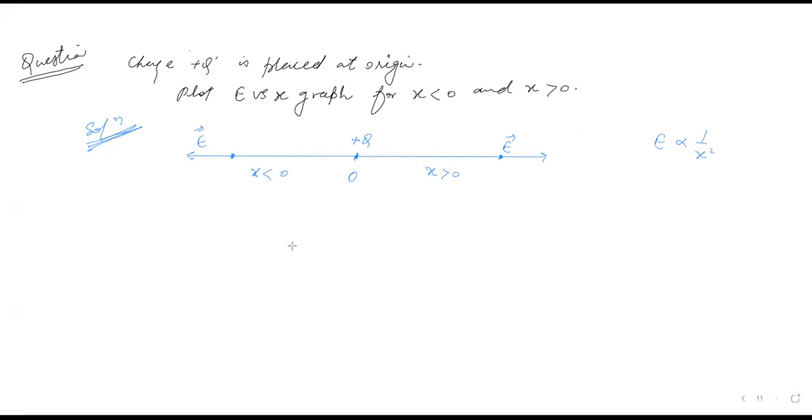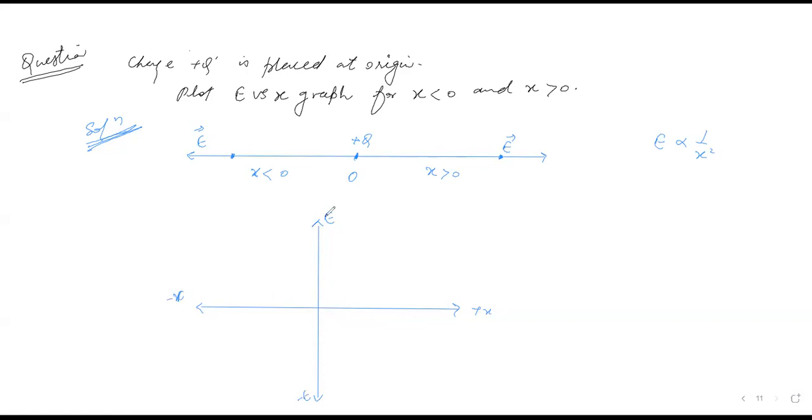To plot this graph, first of all, we are going to plot a coordinate frame like this. In this, this is your plus X axis. This is your plus E. This one is the minus X. And this one is minus E.